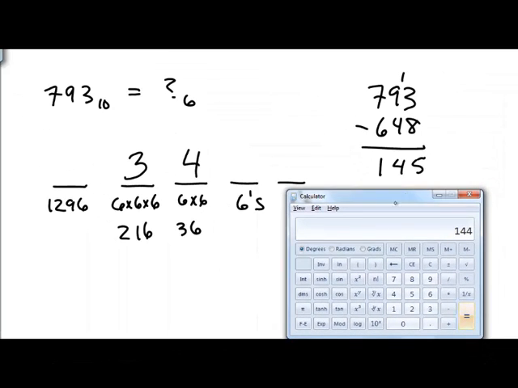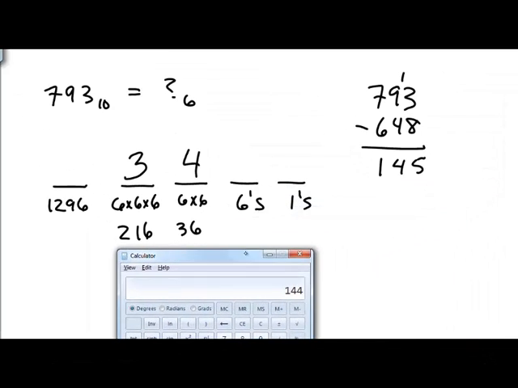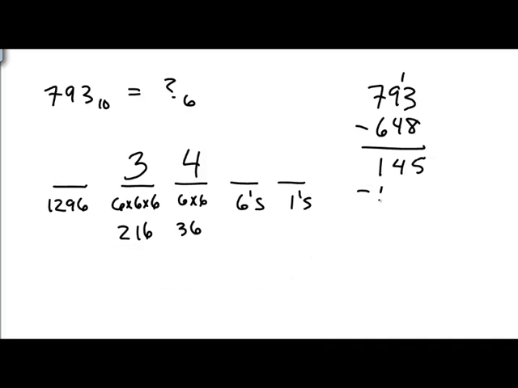Even better, 144. So that uses up all but one of them. Minus 144 gives us 1 left over. There's no 6s in that. 1. And so what we're saying is 793 in base 10 is 3401 in base 6.